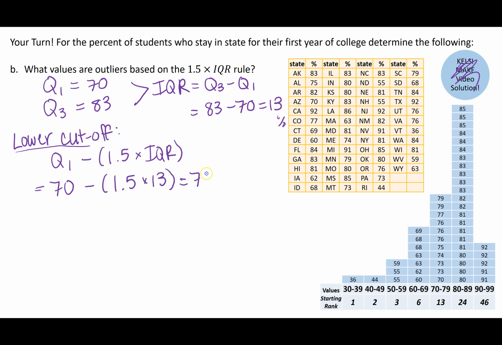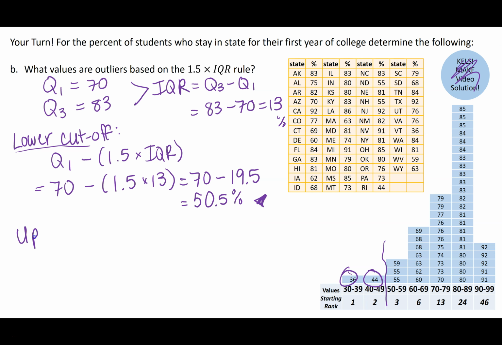It's going to be 70 minus 19.5. I'm going to get 50.5%. So any values below 50.5% are going to be outliers on the low end. Just looking, we don't have any 50, so none there, but it does look like I have a 36 and a 44. Those two are going to be outliers.